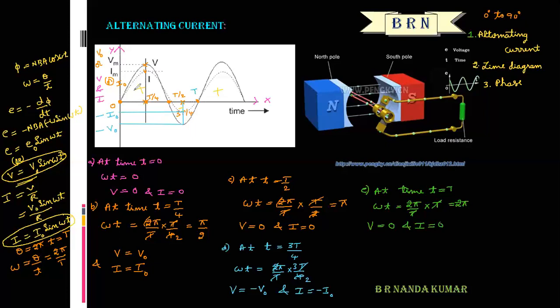Here the variables are current and voltage. As the time varies, the current induced in the coil varies, and even the voltage induced in the coil is also varying. What is the meaning of phase? Phase tells the state of a variable, the current with respect to another variable, say voltage. That is the meaning of phase.